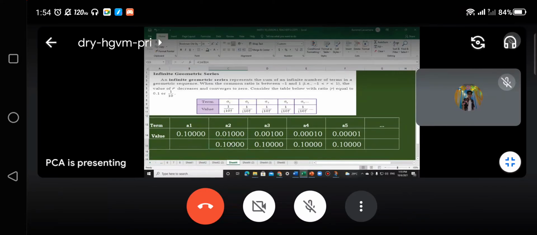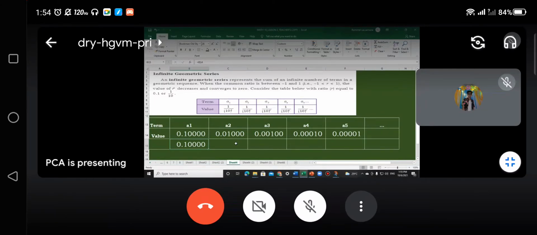Of course, it's 0.10. It's the first term itself. Ulitin ko lang. If I'm going to generate this, I'm going to just multiply it by what?